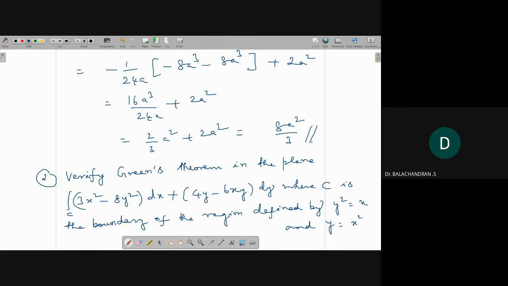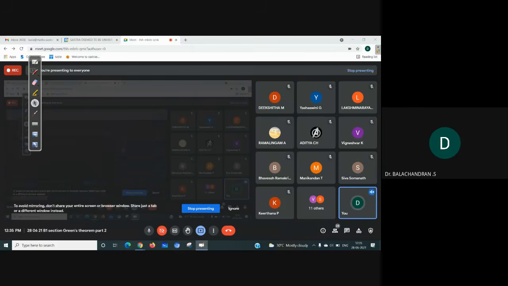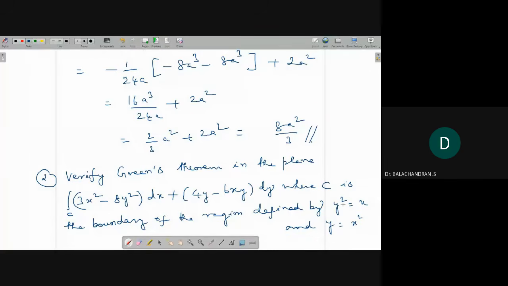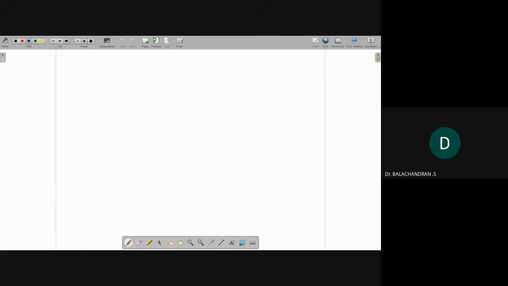Actually, similar types of problems you solved already in the first semester mathematics. Actually, these types of curves. So if I draw the curve, you can know. The double integration you studied, especially change of order of integration, you studied this.